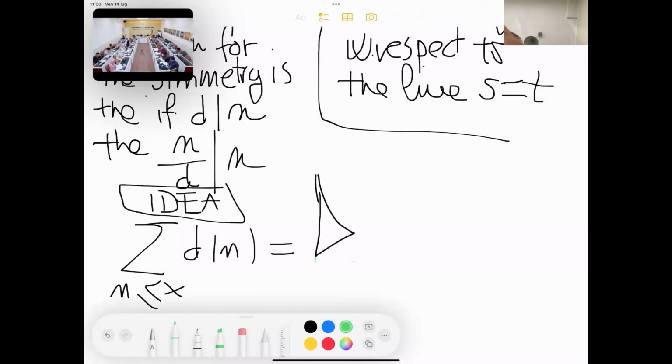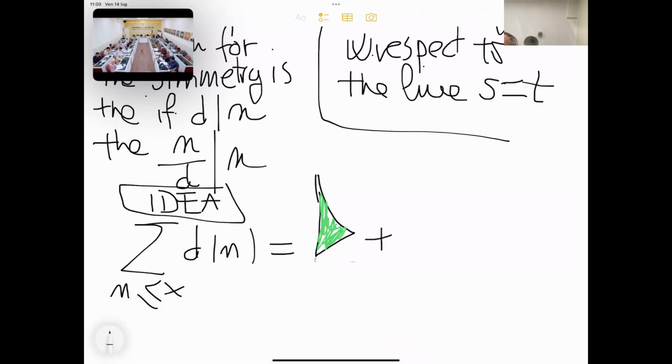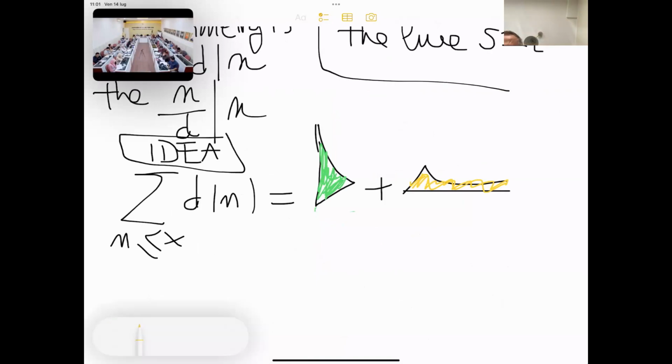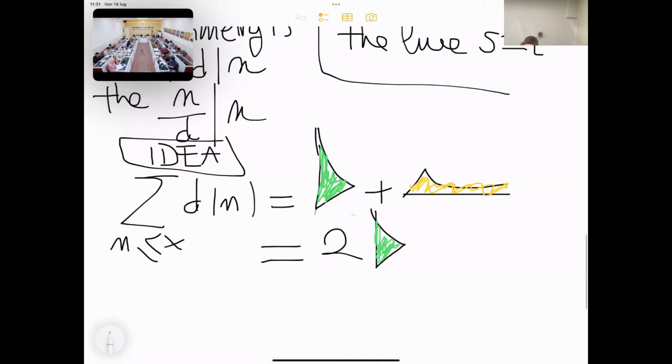These are the green points. And then we count the points below and we add them up. So this is equal to twice the points above, right? So it's enough to count them.